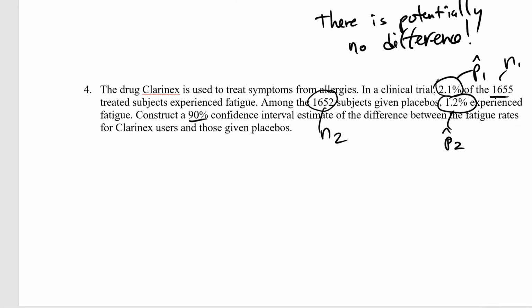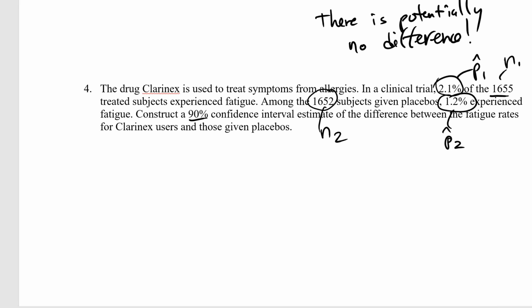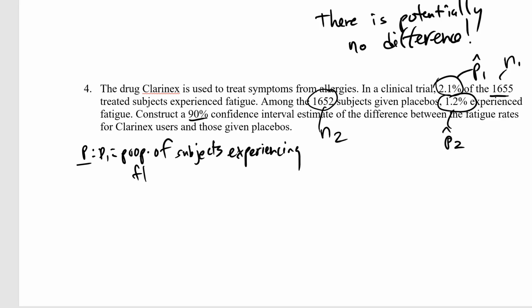See, a lot of times, a lot of these medicines, they work, but then they have to list all these side effects, right? Well, if they can show that there's really no difference between people taking a sugar pill and getting the side effect and people taking the medicine and getting a side effect, then they don't have to report it, okay? So, p. We're dealing with the proportion of subjects experiencing fatigue with, our first group was Clarinex.